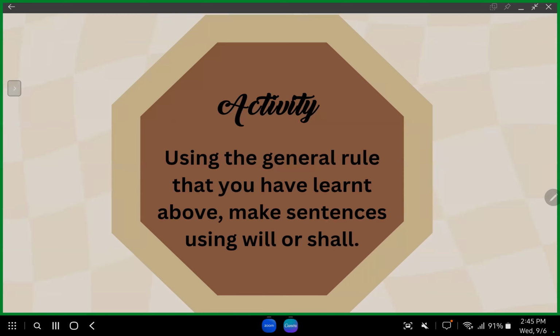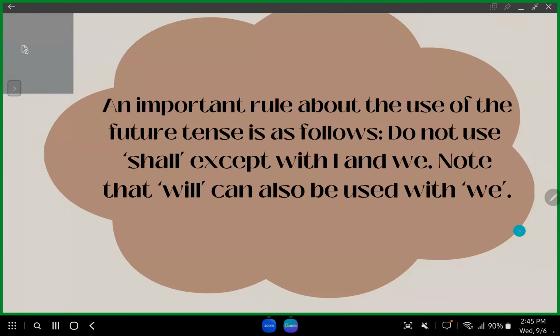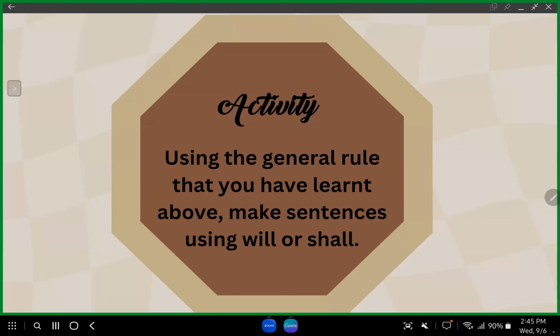Using the general rule that you have learned, the general rule of do not use shall except with I and we, and that will can also be used with we. So using this general rule, I want you to construct for me sentences using will or shall.